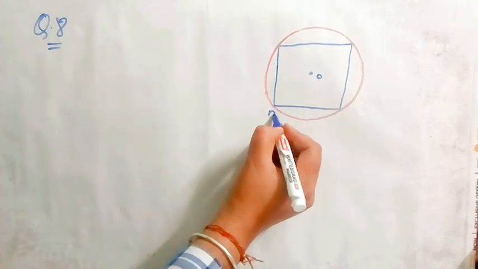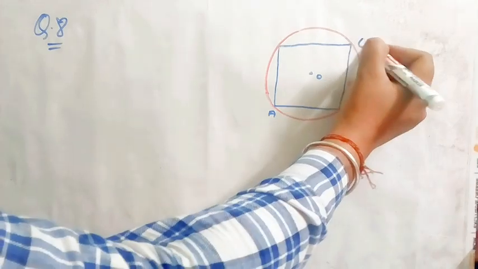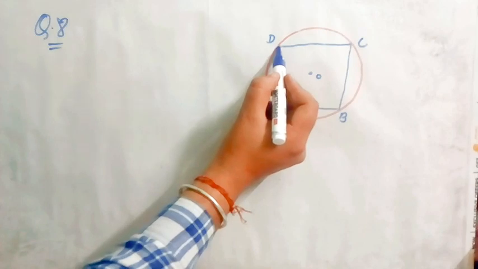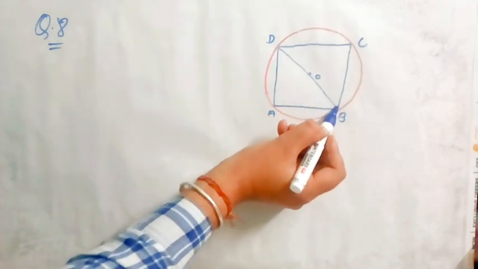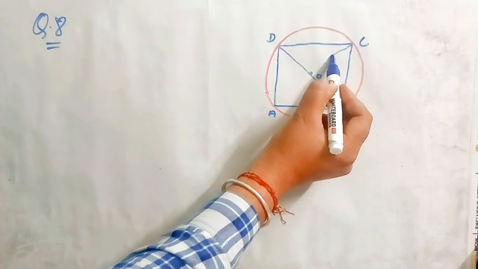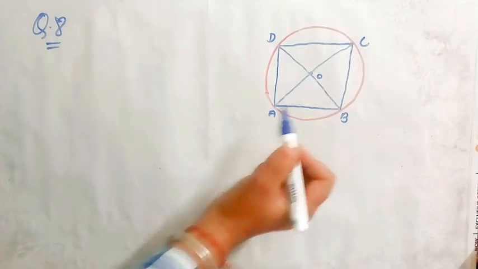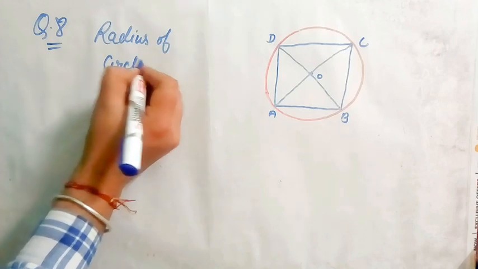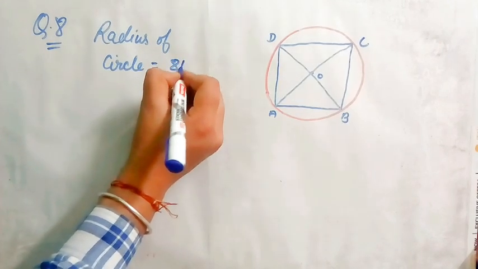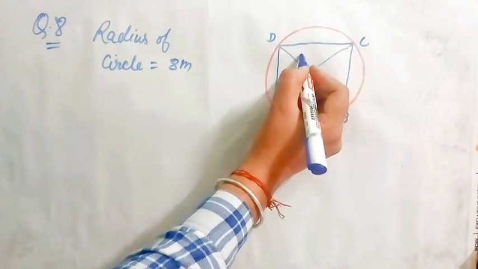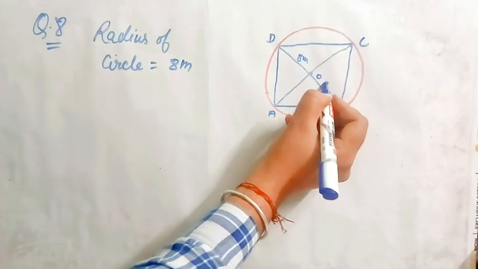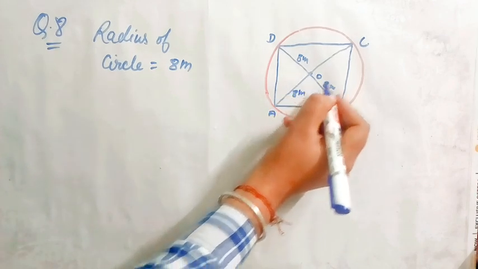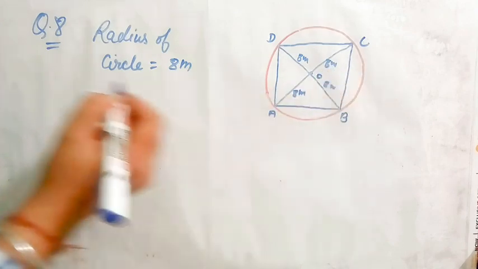If O is the center and ABCD is the square, then remember both diagonals, that is BD and AC, will intersect at O. We are given that the radius of the circle equals 8 meter. If the radius is 8 meter, OD and OB are both 8 meter, same as OA and OC, both are 8 meter.